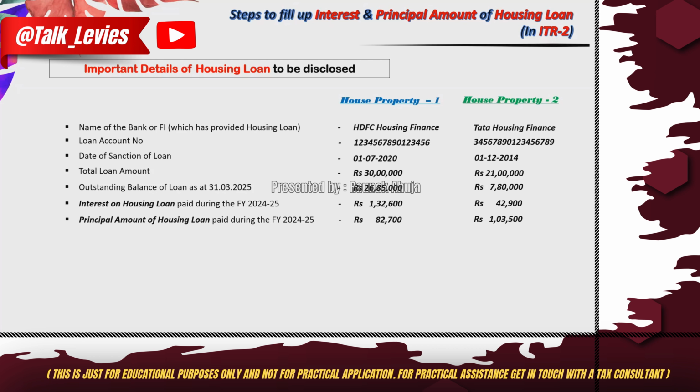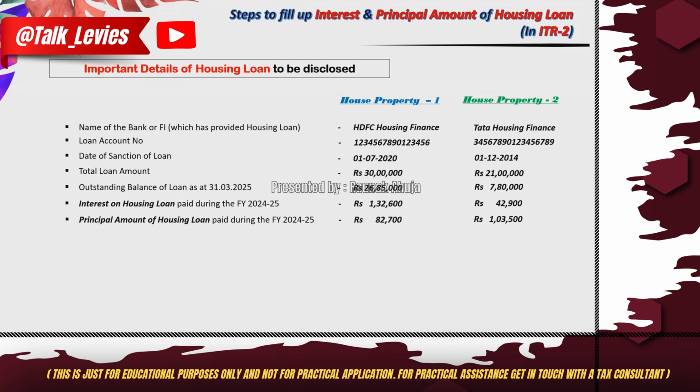Note, these details won't be required in case you are not wanting to take the exemption of the interest and principal amount paid on housing loan. In case you want to take the benefit, only then you will be requiring these details.